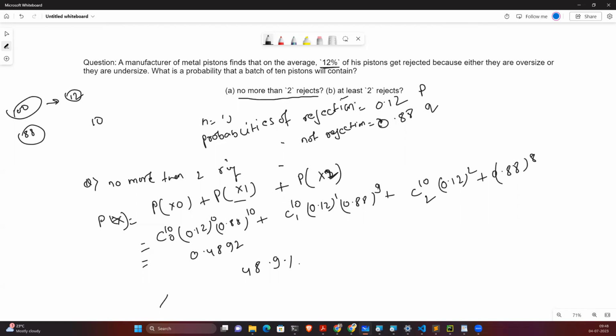Among 10, at least two means it can be two, it can be three, at least two rejection means 2, 3, 4, 5, 6, 7, 8, 9, 10. Everything should be considered, but not 0, 1. Right? Yes, sir. Cool. So P of X is equal to C of 10 into.